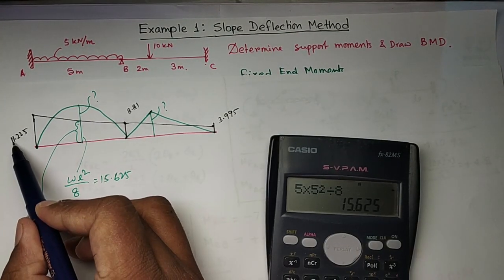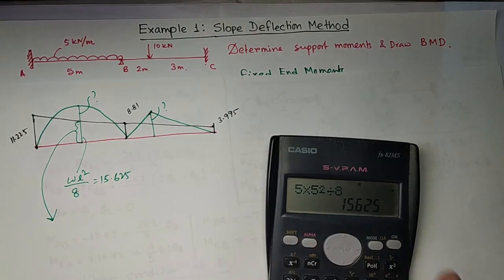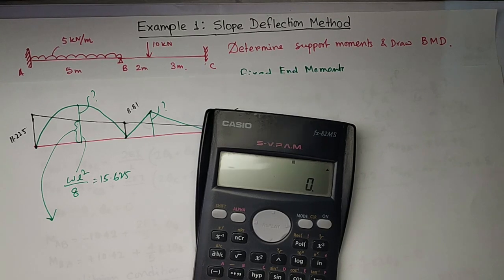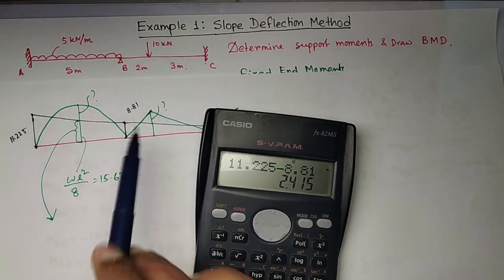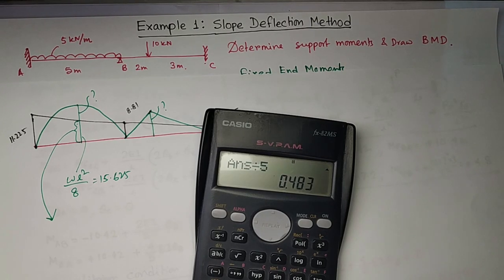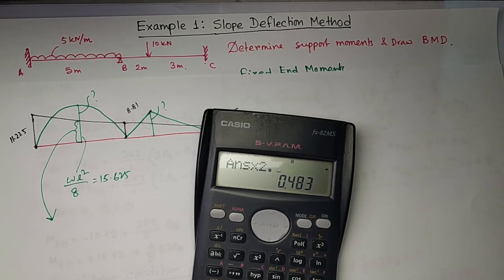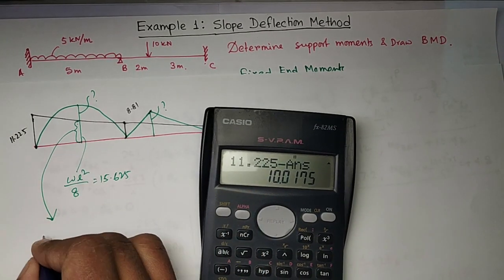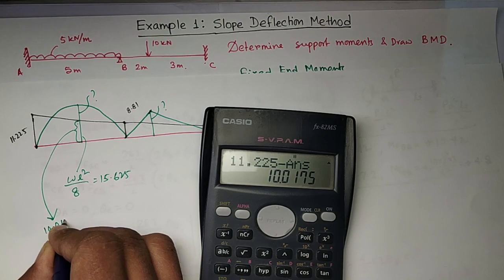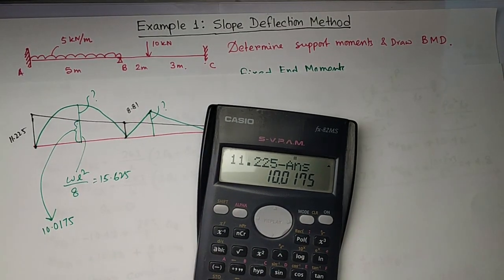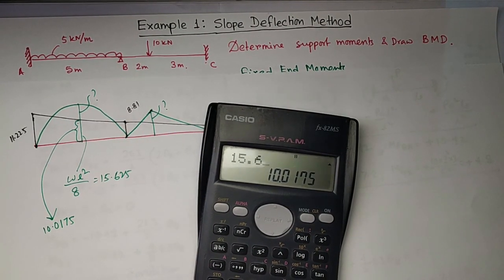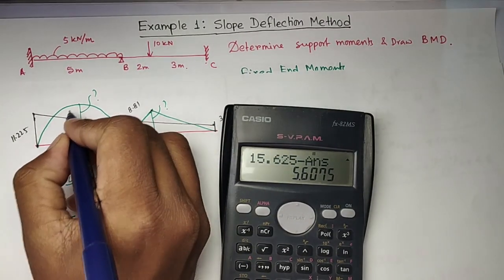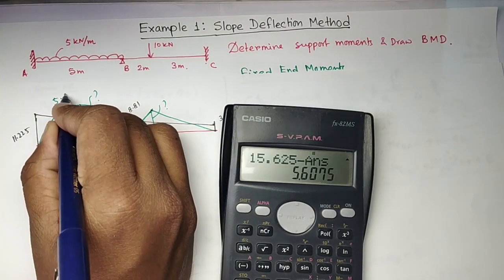Here it is 11.225, here it is 8.81, so you have to interpolate. So this is 10.0175. So this ordinate will be 15.625 minus 10.0175, which is 5.6075.